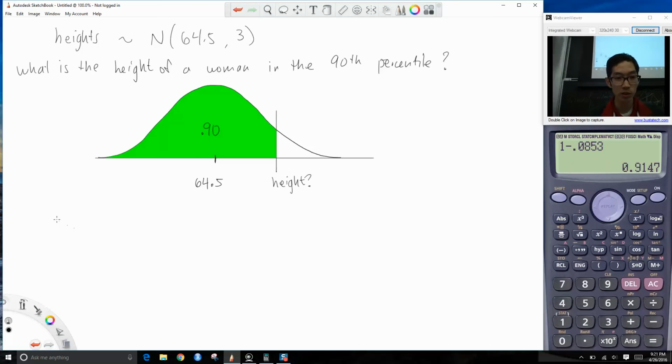So what is the z-score I should use? First we're going to find the z-score that goes with an area of 90%. And then once we get that answer, we'll convert the z-score back to a height.